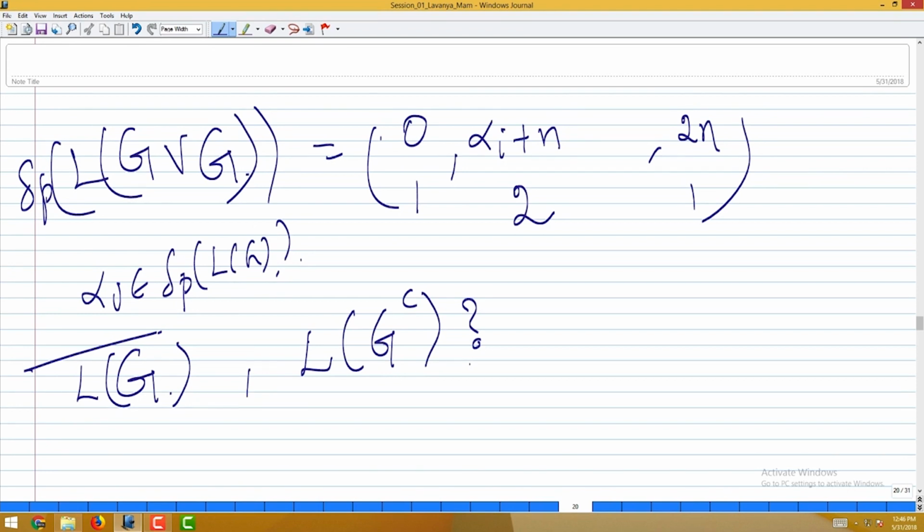If I have G and its Laplacian, what will be G complement's Laplacian? First of all, what is G complement? If there is an edge in G, then there is no edge in G complement, and vice versa.